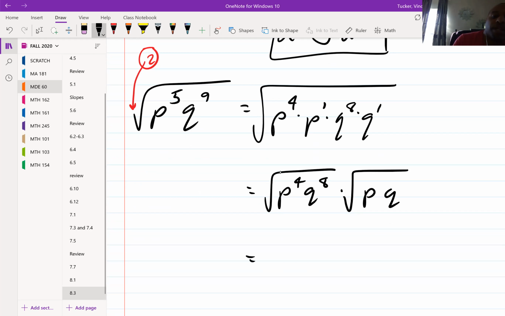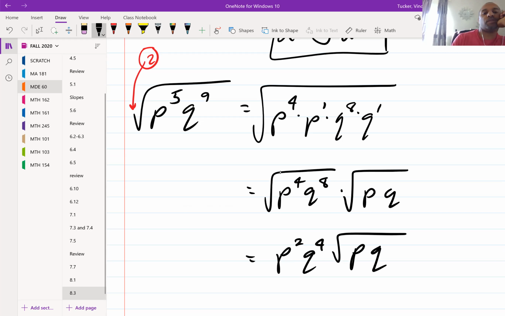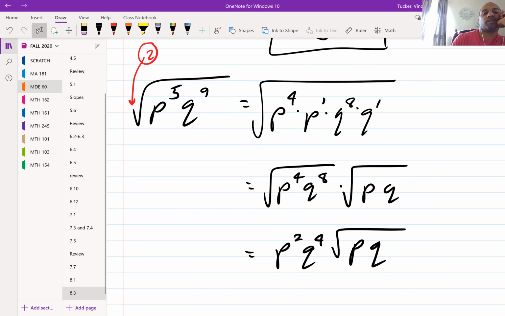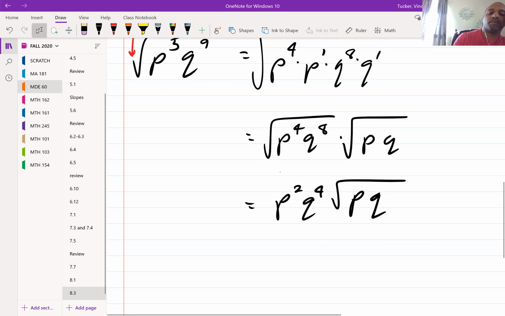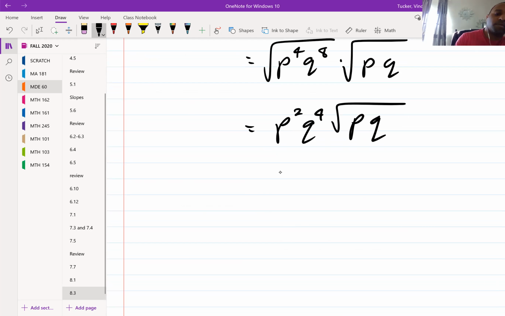Divide the 4 and 8 by 2, that'll be p squared, q to the fourth, and then the square root of pq. Questions on that? Do one more.